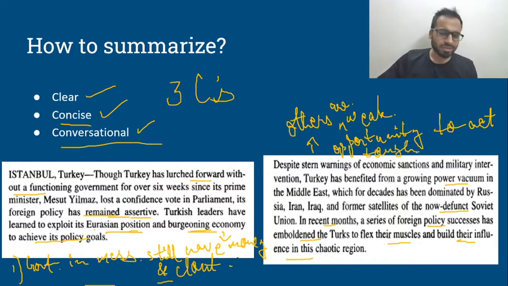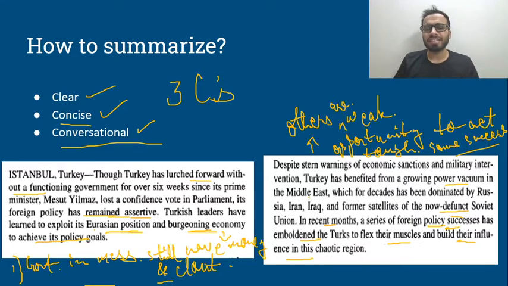This is what Turkey is doing. There is a power vacuum, so Turkey is now acting tough. और लास्ट में उन्होंने क्या बोला है कि they've had some success. So I have summarized the para in 3 lines. Others are weak, opportunity to act tough, some success. Are you getting how we have to approach reading comprehension?